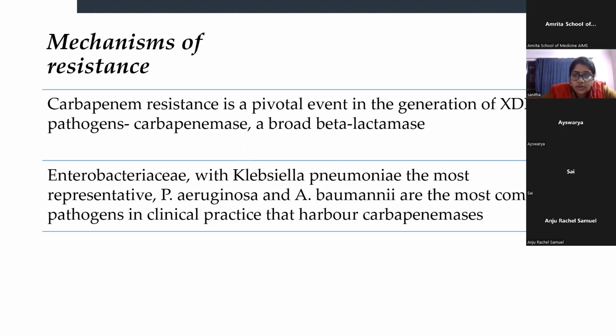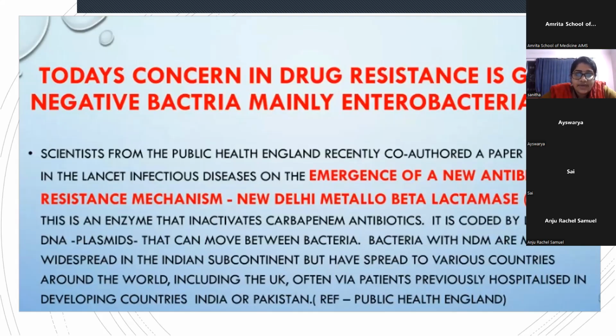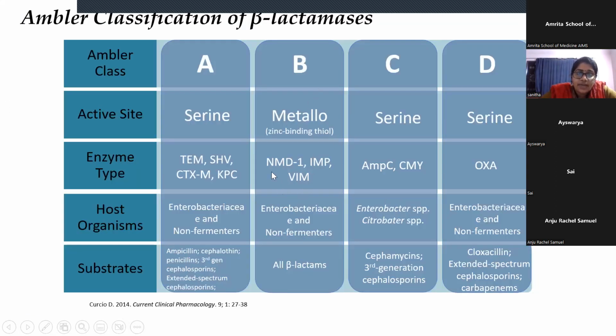You all would have heard about New Delhi variant metallo beta lactamase, that is type B in the Ambler classification of beta lactamases, which can cleave all the beta lactam antibiotics.